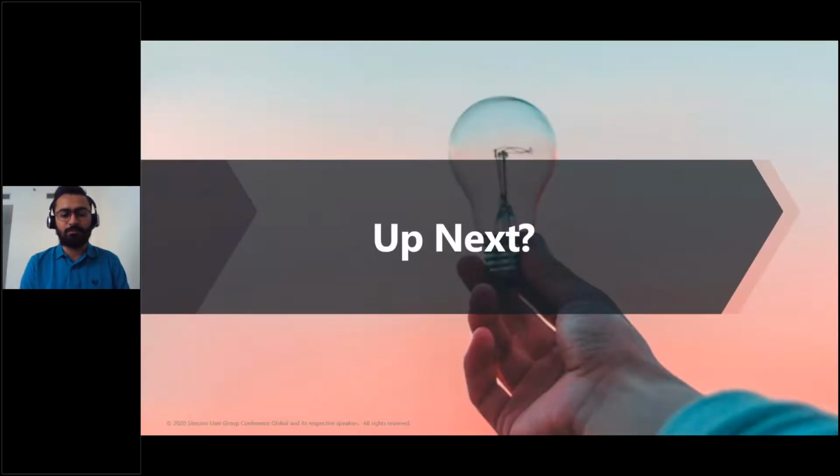Now what next? We saw all this out of the box information in terms of reports, conditions, and marketing automation plans. With each evolving version, we are getting a lot of new stuff with Sitecore Commerce, but this is a lot which can be started with.